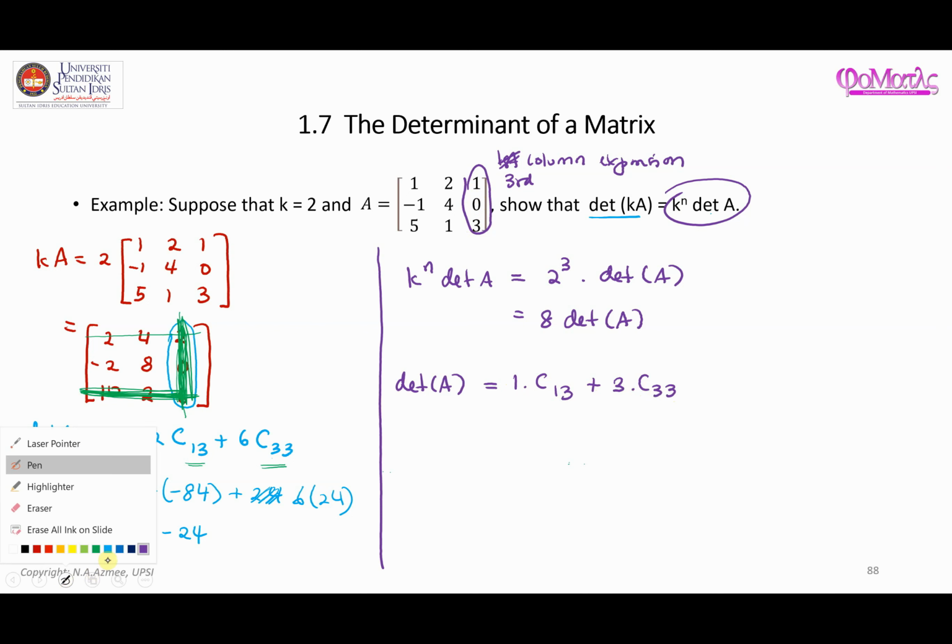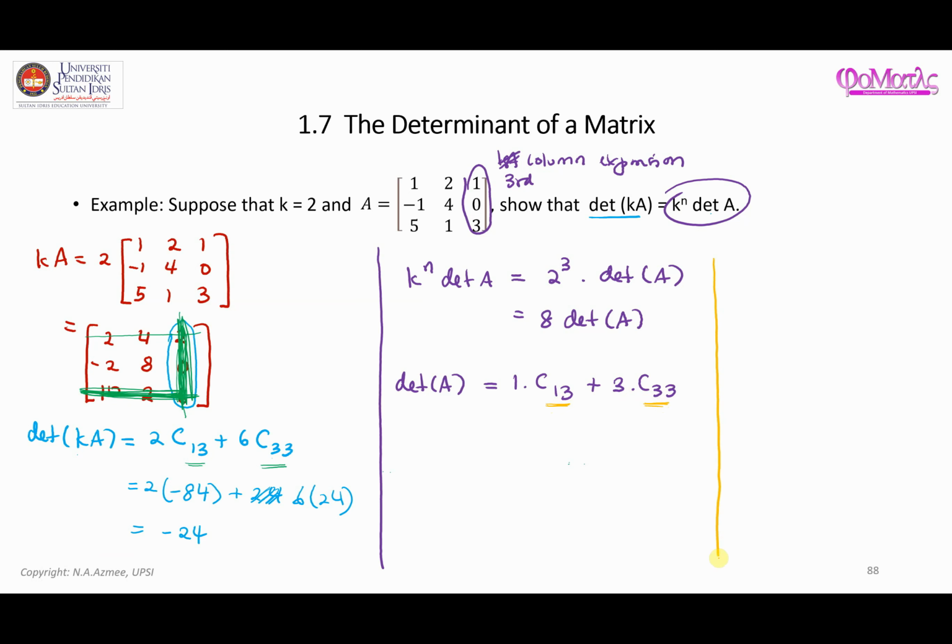Now what we have to do is find what C13 and C33 are. For that, we need another level of showing our work. C13 can be obtained if you consider M13, and M13 can be obtained if you delete the first row and the third column. You will have this matrix, negative 1, 4, 5, and 1.